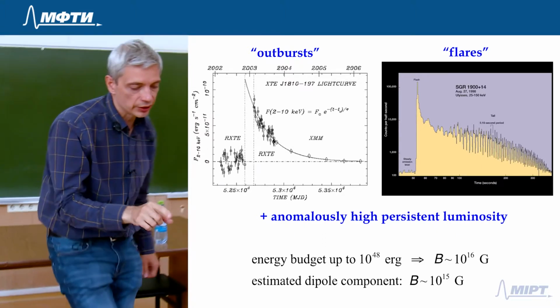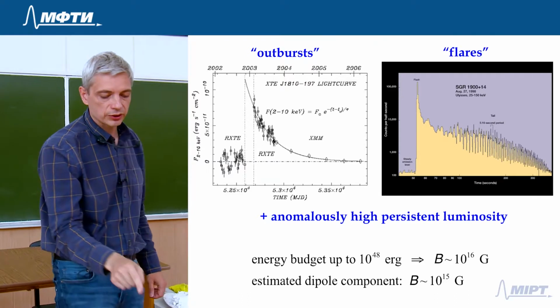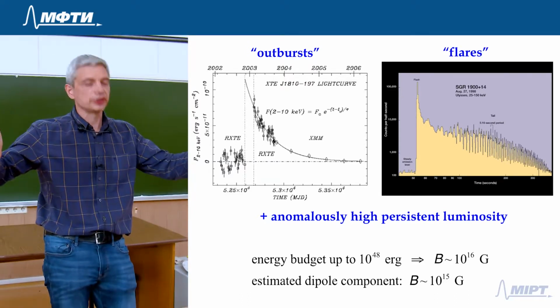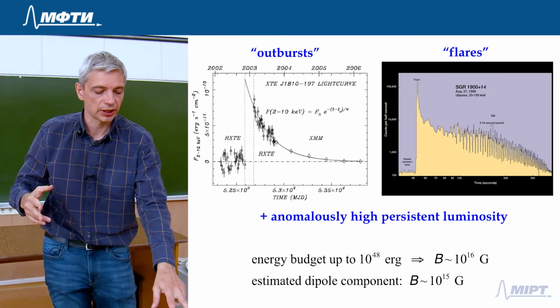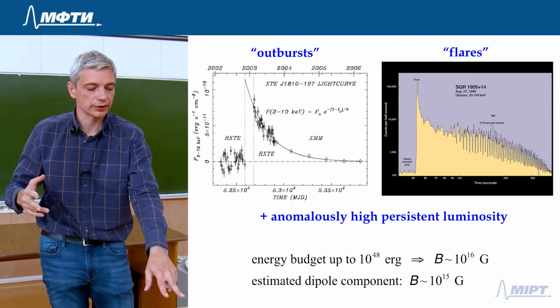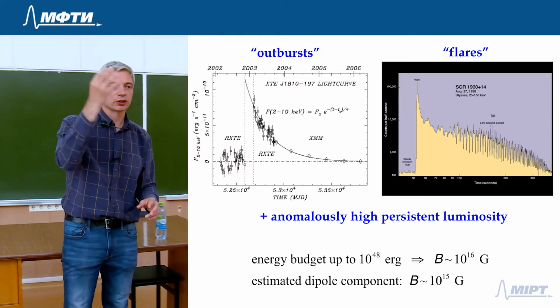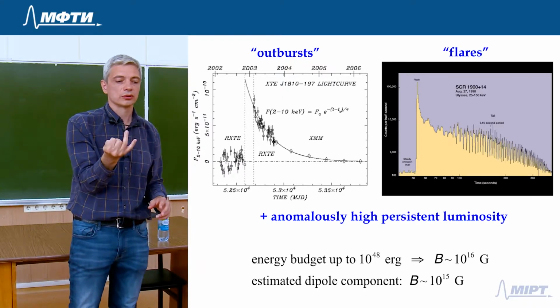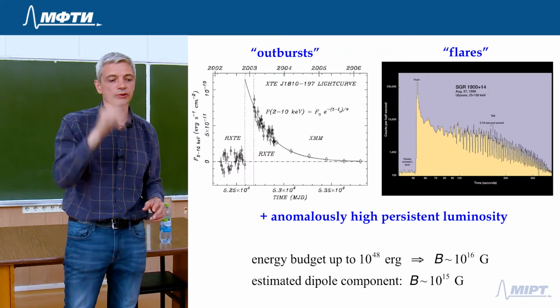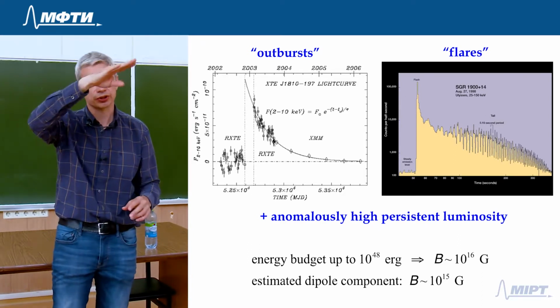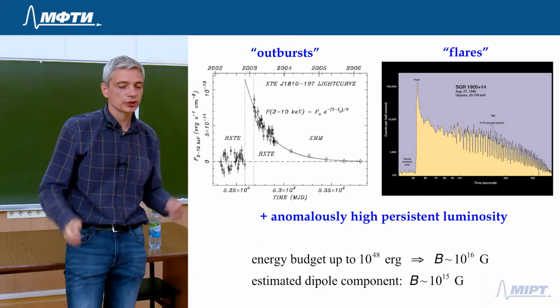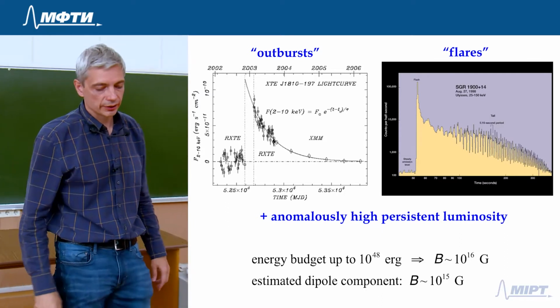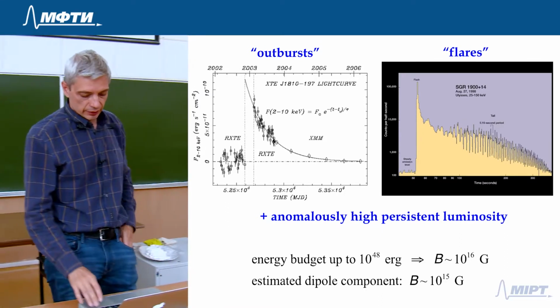The time scale in this plot is essentially a year, unlike the minute time scale for the plot on the right. So bursts last seconds, flares minutes, outbursts months to years, with luminosities like 10 to the 36 ergs per second in the beginning, and then decaying. So they show a variety of activity.